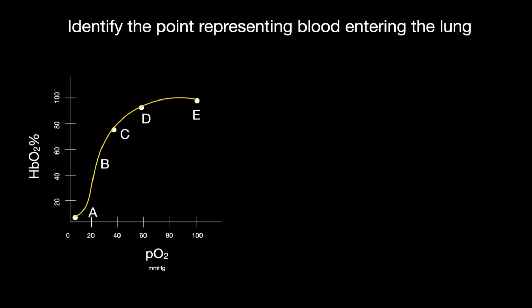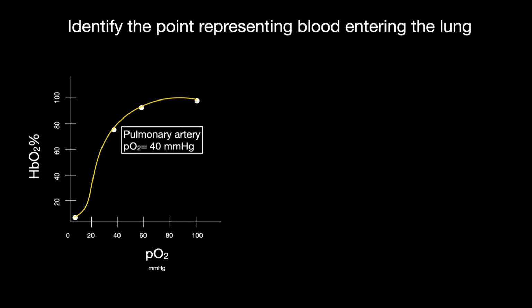So let's start here. Let's identify the point representing blood entering the lung. Is it A, B, C, D, or E? I'll pause and let you think about it. Look at both the hemoglobin oxygen saturation percent on the Y axis and the PO2 on the X axis. The answer is C. Why is it C?